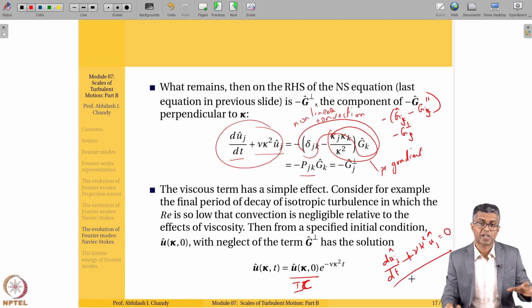So that is the physical significance of this equation. If not for the convection term, you would just have an exponential decay in wave number space based on the viscosity.